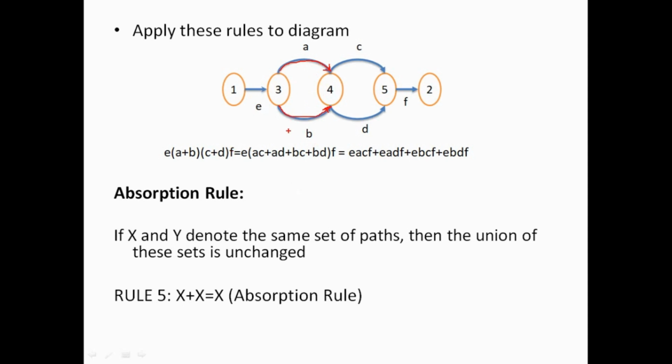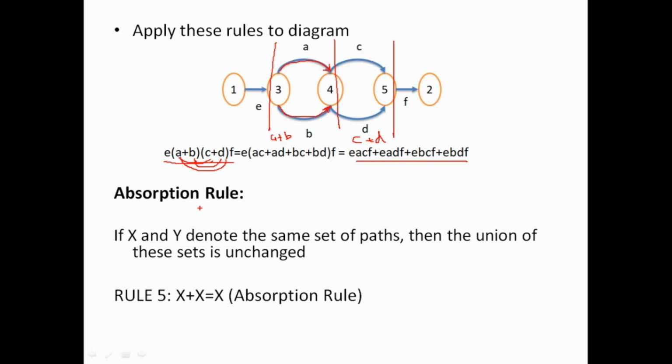So the first set we can represent with A plus B, and the second set with C plus D. In this way we get E of A plus B, of C plus D, of F. Simplifying this expression, we get E of AC plus AD plus BC plus BD, of F. Simplifying once more, we get the sum of products expression: EACF plus EADF plus EBCF plus EBDF.